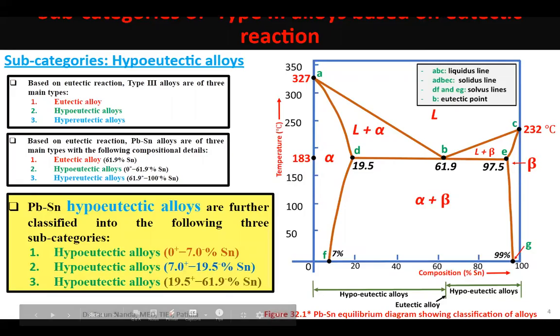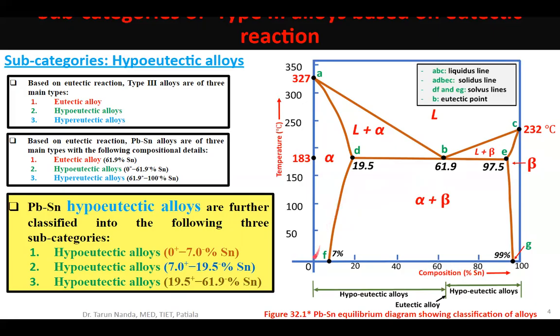Now we have put them into one category, but just taking one case in this entire range will not suffice to explain the equilibrium cooling of hypoeutectic alloys, because here the hypoeutectic categorization has been done just on the basis that all these alloys have got less than 61.9% of tin in them. But among these various hypoeutectic alloys, there are some differences, and there are three separate classes that would be formed.